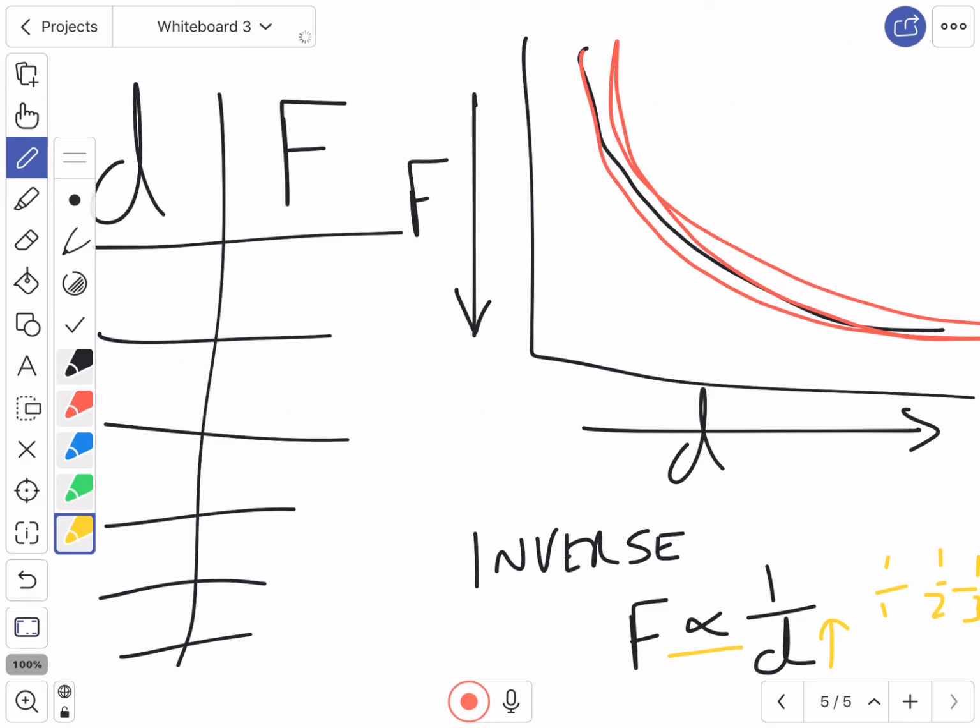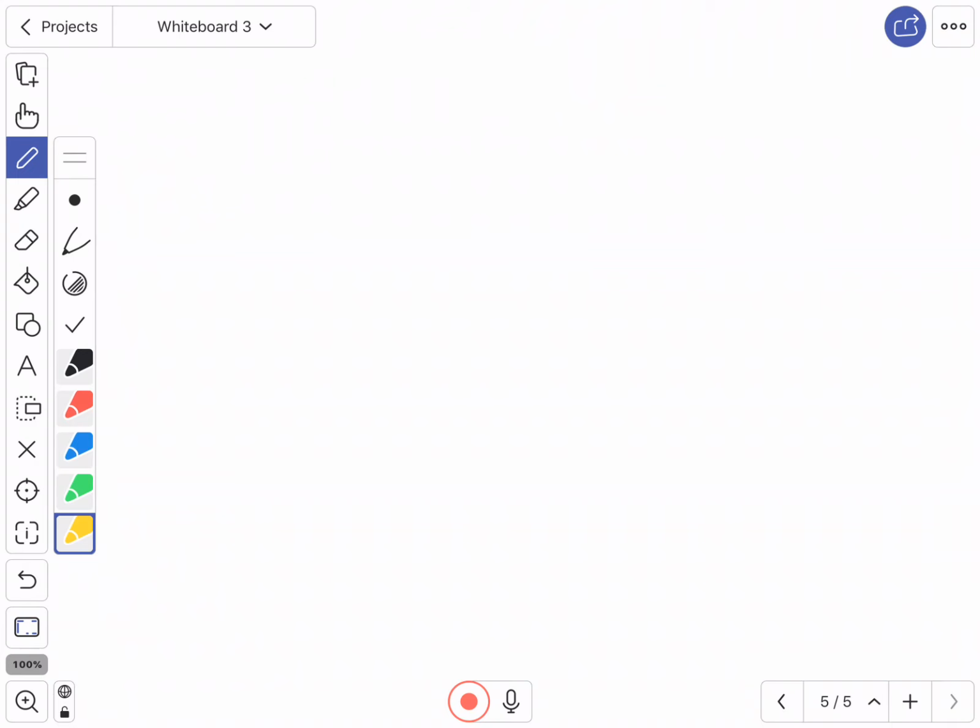So what we can do then is let's graph this. What I want you to do on your Google Sheet is graph 1 over distance and force. So take your distance data, and in your cell, here's what I would do.